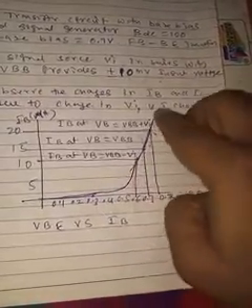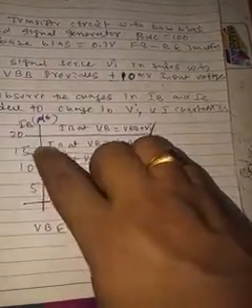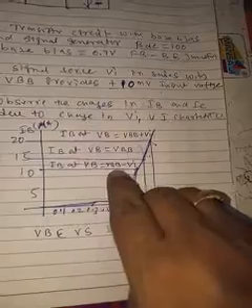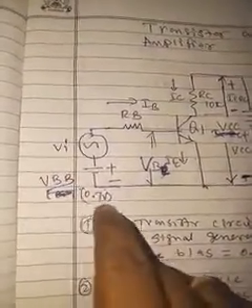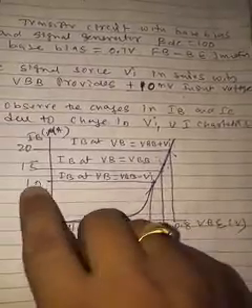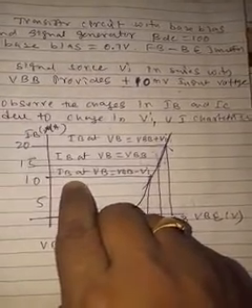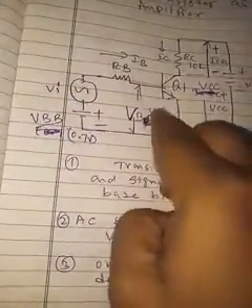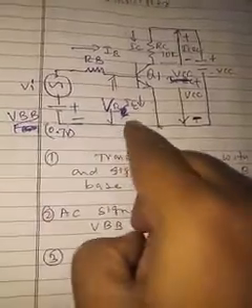Are you getting it? We have three conditions here, for different values of IB: 10, 15, 20. For 10, VBB minus VI is here. For IB equal to 15, VB is equal to VBB.